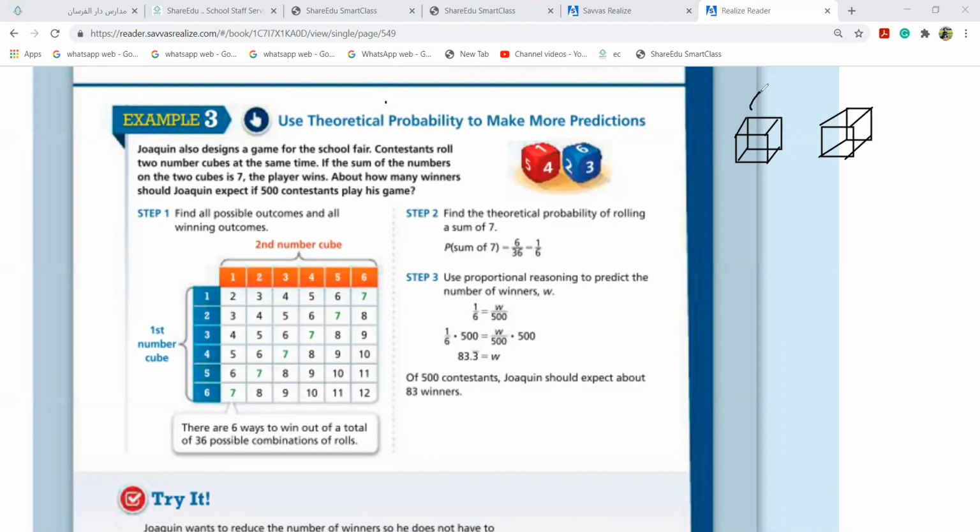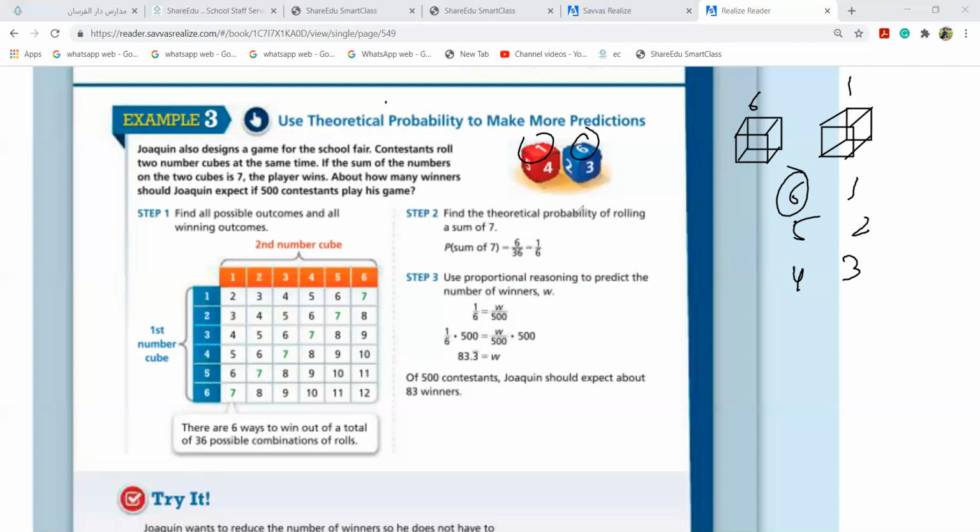So I can have 6 and 1, right? 6 plus 1, 5 plus 2, and then 4 plus 3. These are the possibilities, right? In one, I must get 6, and in the other, I must get 1. They say roll 2 dice. First of all, understand the question, girls. At one time, I have to throw 2 dice. And if you add the numbers, like what they have shown you in the picture, you must get 7. 6 plus 1, or 5 plus 2, or 4 plus 3, like that. Did you get it?